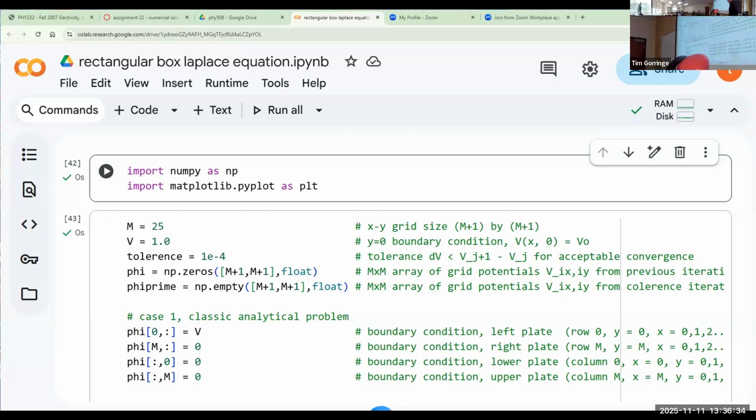Say that again. I literally had this problem that you're describing, and it always seems backwards to me.